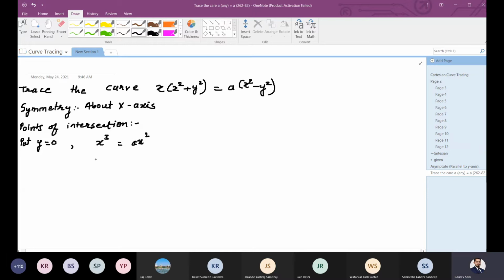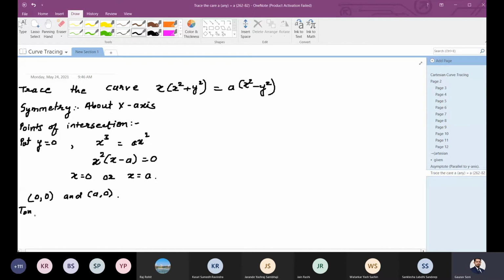When we solve this, we get x square into x minus a equal to 0, which means x equal to 0 or x equal to a. So there are 2 points of intersection, 0 comma 0 and a comma 0. Now, if you put x equal to 0, you can see that you'll get only the point 0 comma 0, so I won't go for it.